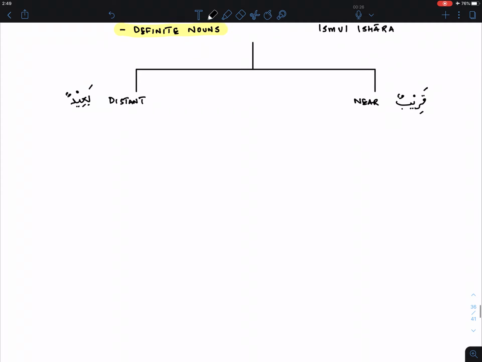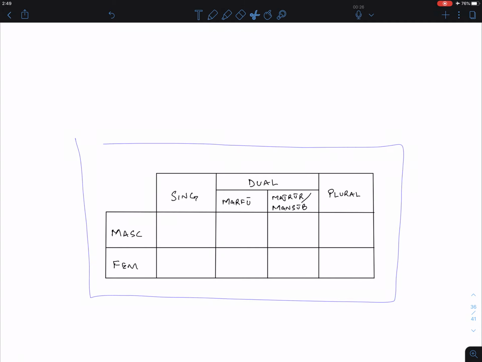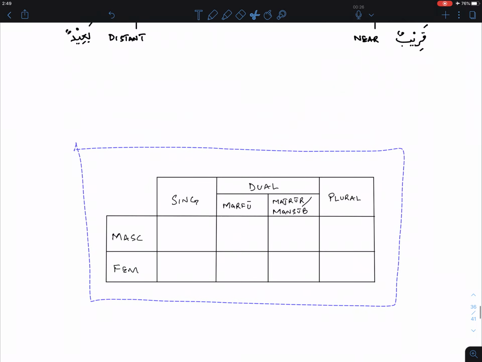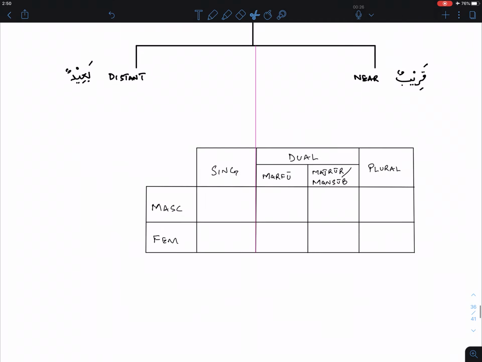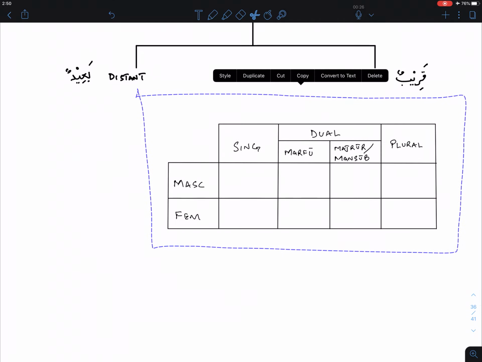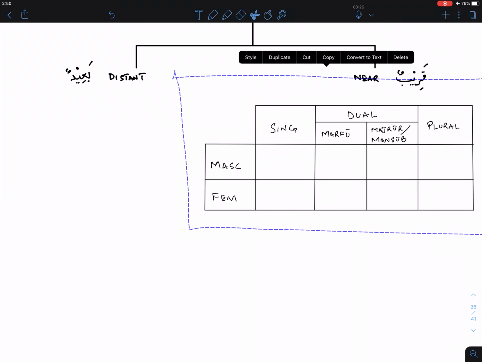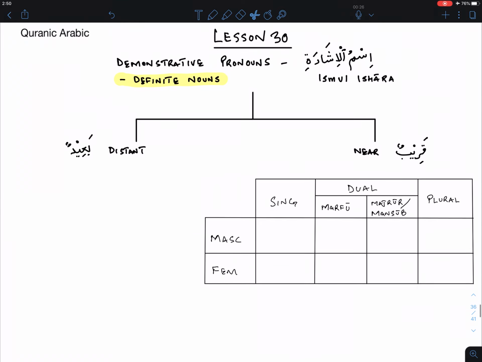So let me give you that. I have a table here that I will transfer, and we'll fill this table out so that we understand what the nouns are. First we're going to focus on the qarib, the near Ismul Ishāra.